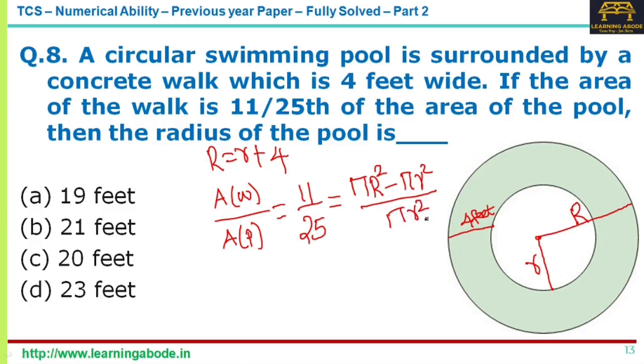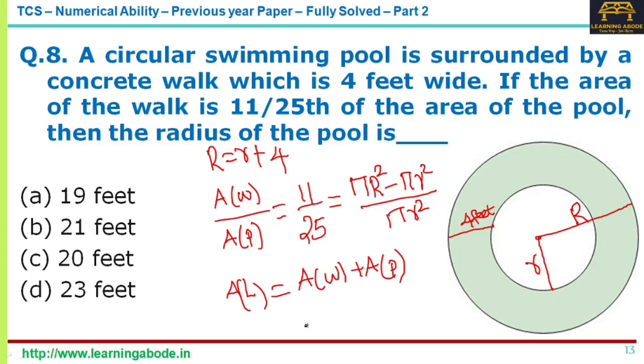Now the problem with proceeding like this is that it's going to take a lot of time using these variables. So the best thing to do would be to go with the answer choices, but before that we need to do something. What is given to us is the area of the walk and the area of the pool. So what is the area of the larger circle? It would be the area of the walk plus the area of the pool.